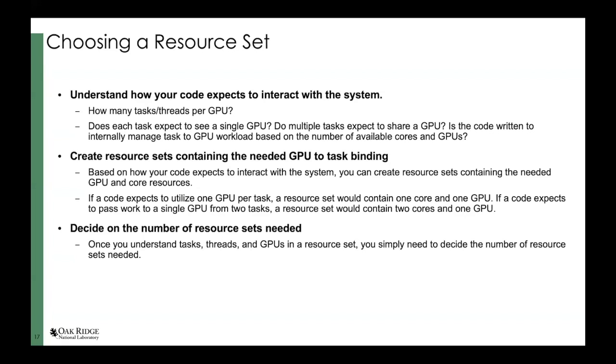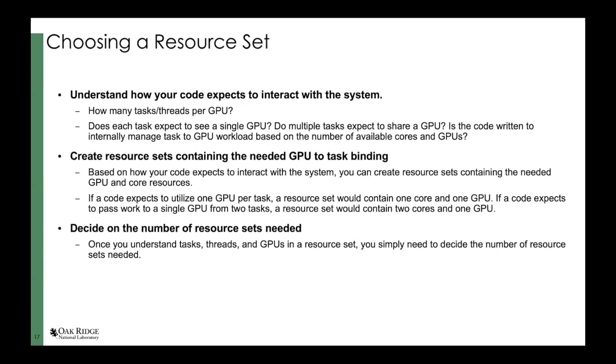Is your code able to say, I have this many tasks, this many threads, and this many GPUs, let me figure out the workload among those and who talks to who? Or is it easier for your code to say, these two tasks, these two cores can talk to one GPU, and they will send work to that GPU? It all depends on what's easier for your code, what makes the most sense.